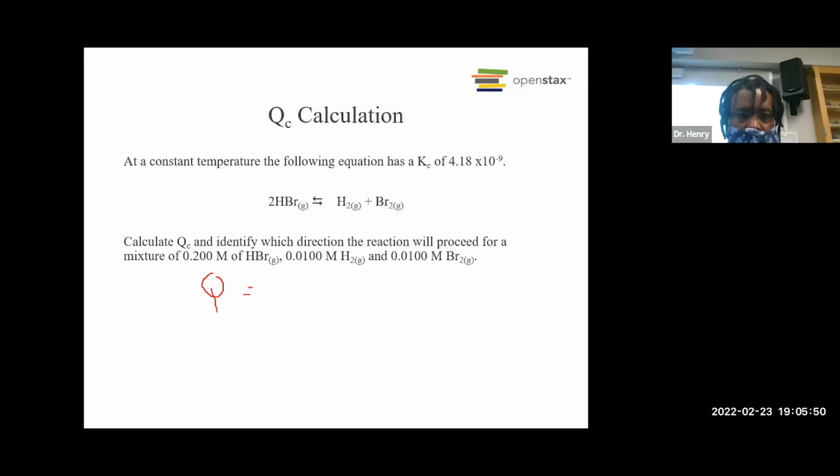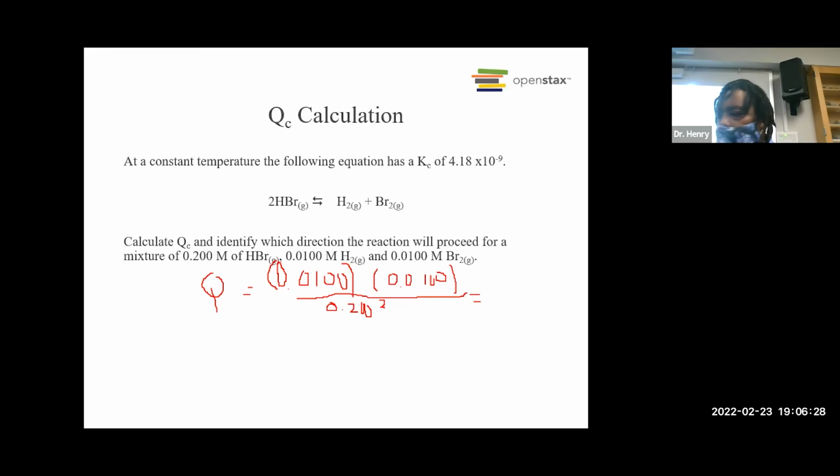So the concentration of our products is 0.0100 times 0.0100, divided by 0.200 squared.